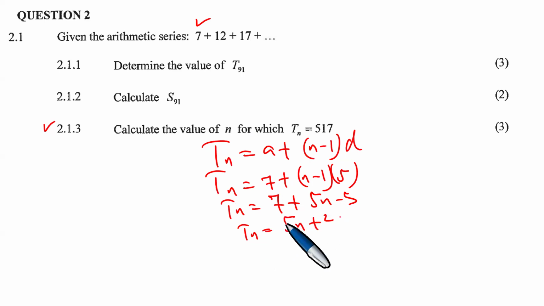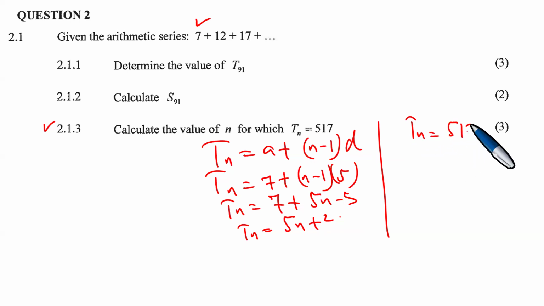Now, there is a specific term for which Tn is 517. So Tn is here 5n plus 2, and this is 517.